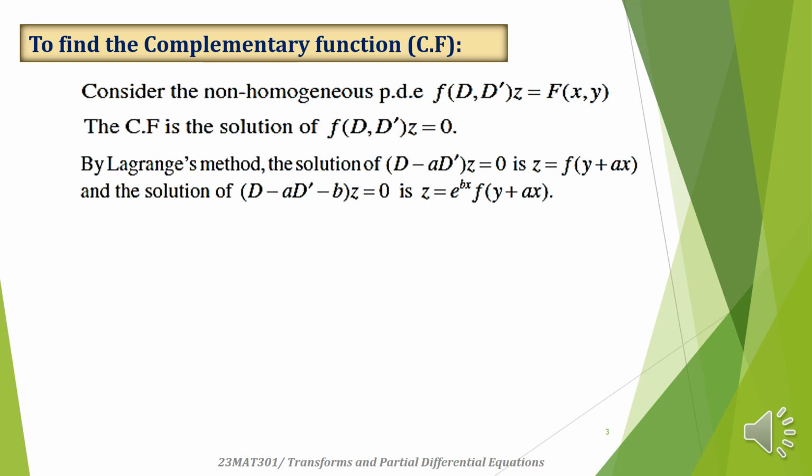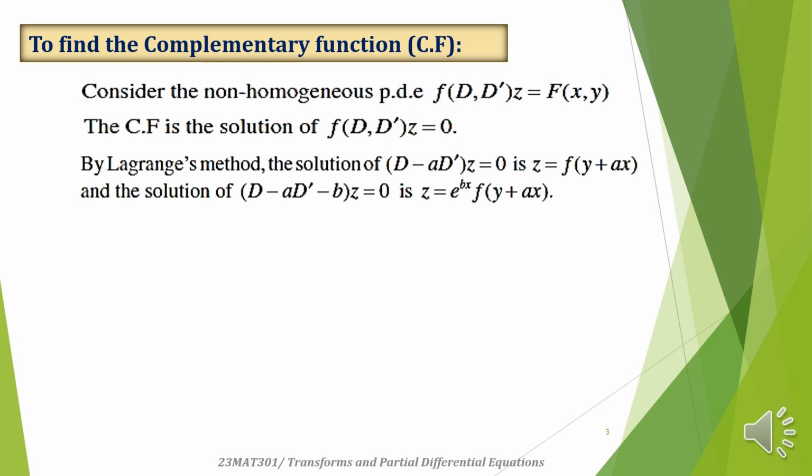If there is D and D dash alone, with no third term, it is just D minus aD dash, and you will get f of y plus ax. If there is D minus aD dash minus b, then you will get z equal to e power bx into f of y plus ax. There is no such thing as a minus sign always being in the question.